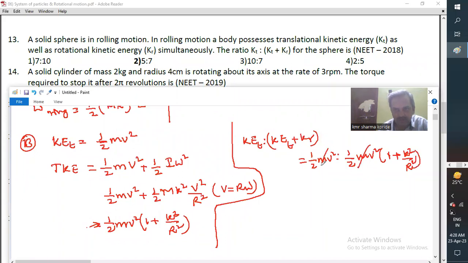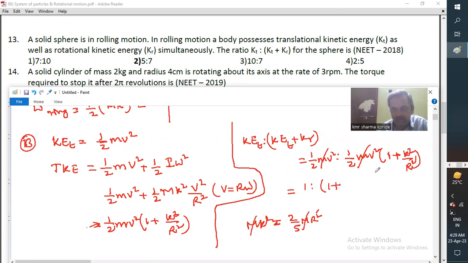So this will cancel, and this is going to be 1 is to 1 plus k square by r square. We get back the radius of gyration for the sphere rotating about an axis passing through the diameter, from 2 by 5 mr square. So this m and m get cancelled.